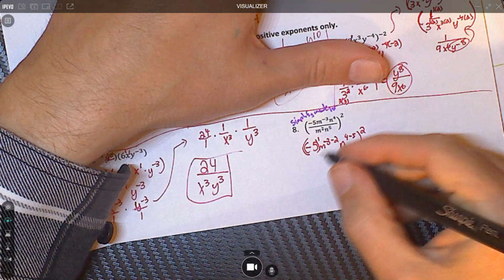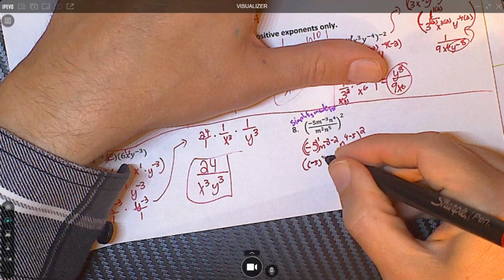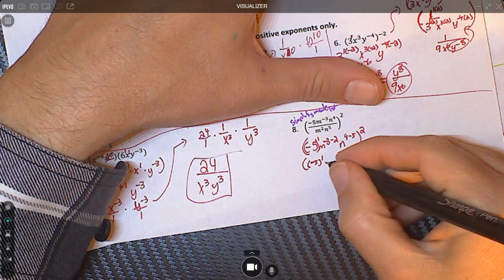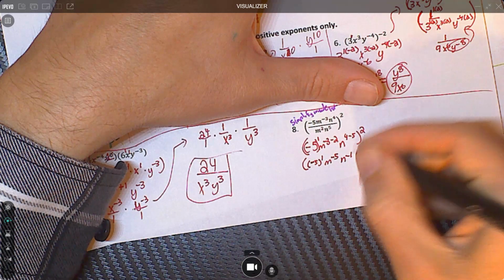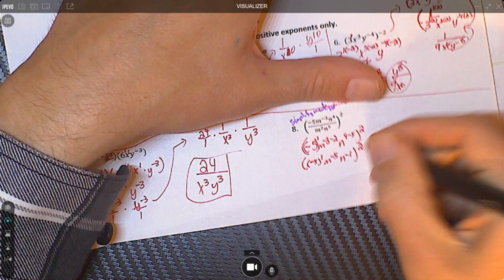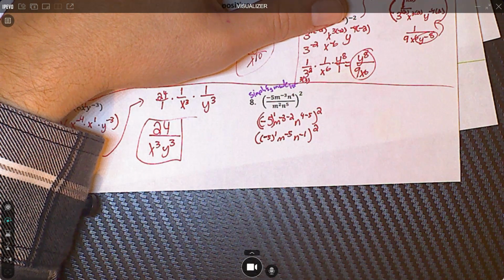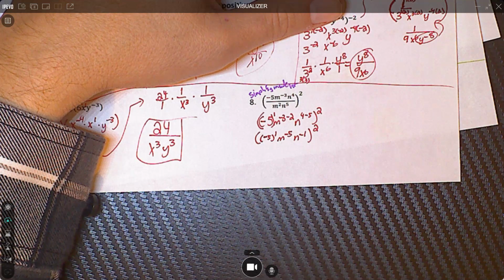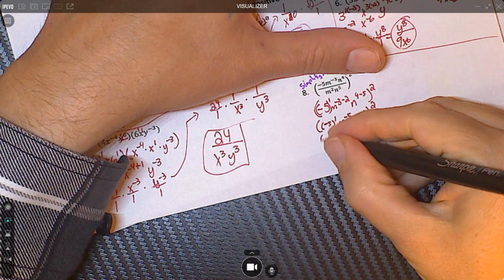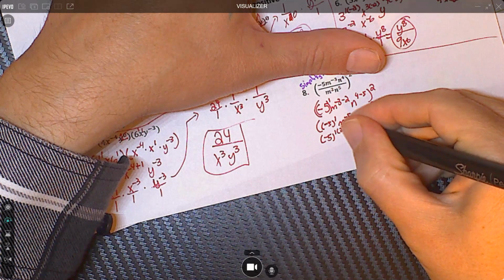So now I've got negative 5 to the first, m to the negative fifth, n to the negative 1 squared. So now I got negative 5, 1 to the second.